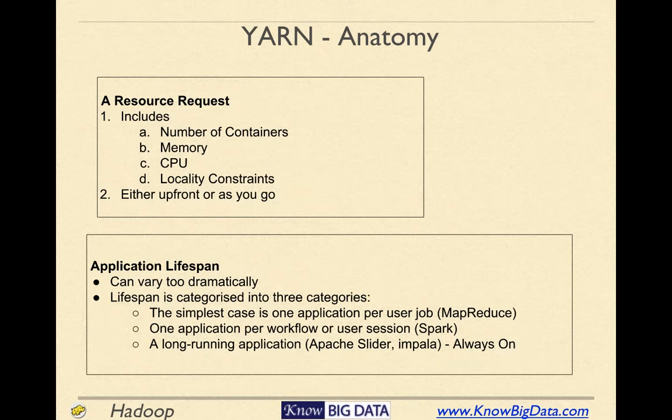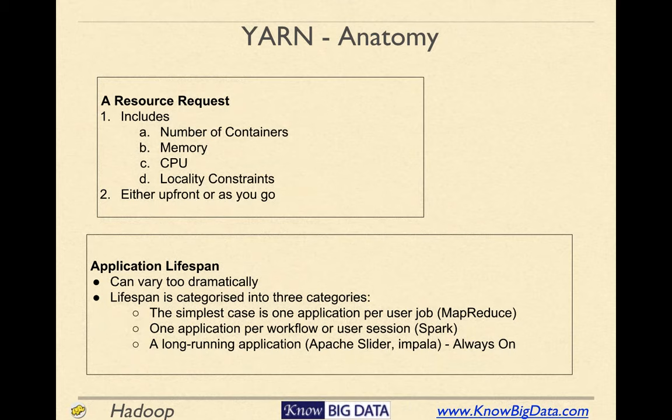Along with that, do you have any locality constraint, meaning, do you want to enforce that your containers should be only on the nodes where the blocks of a particular file are available? That is a locality constraint.